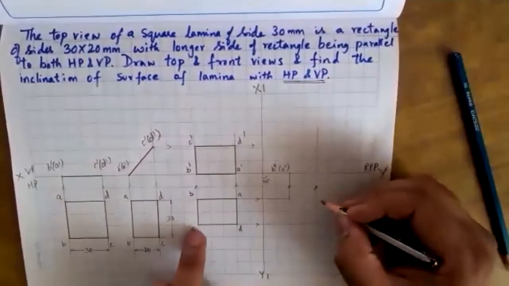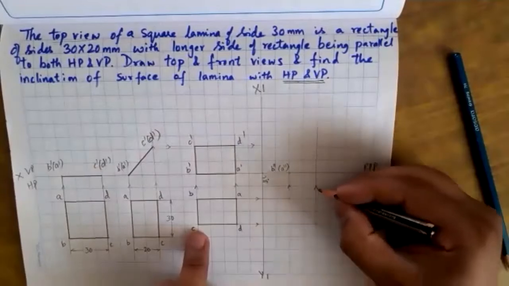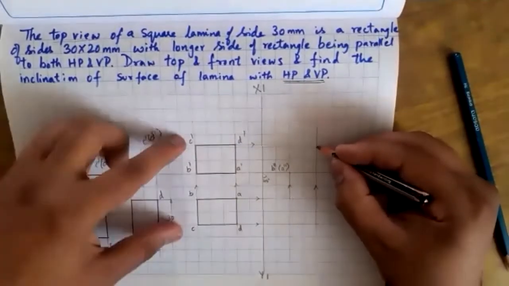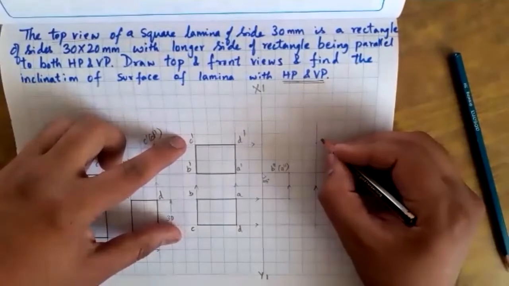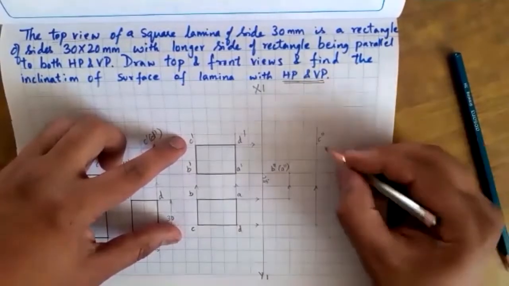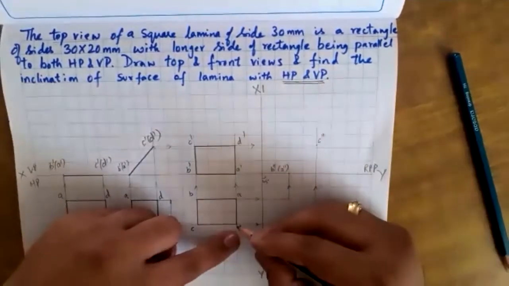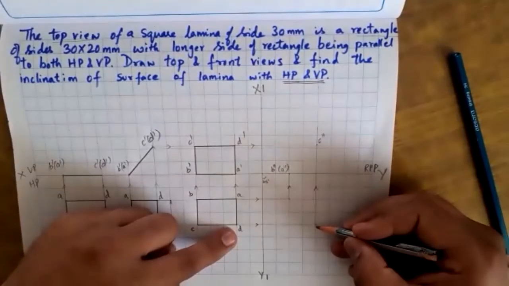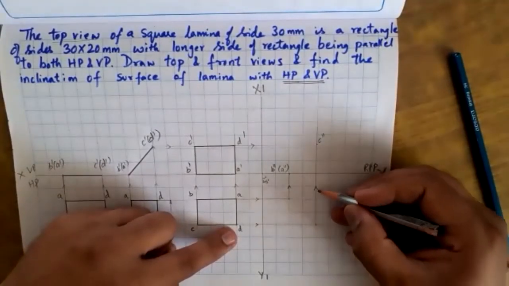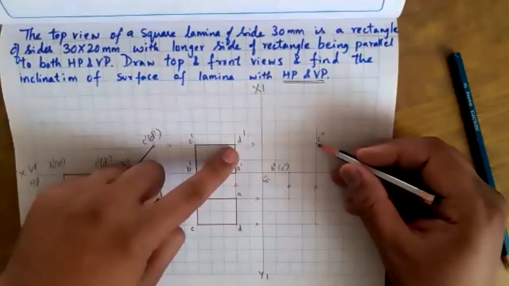So see here, the 45-degree line where it is meeting C dash, it is from here. So this is C double dash, written here. Next is D. The D projector from the top view is meeting the 45-degree line here. From here you extend it further towards the D dash projector.